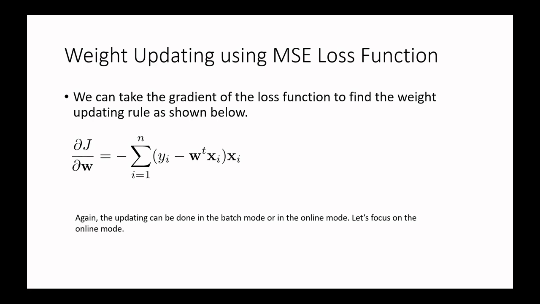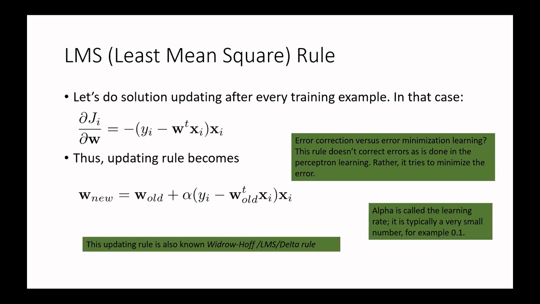If we rewrite the formula for the online mode, where we are looking at only one example at a time, the summation sign disappears and we have del Ji divided by del W. Now we are looking at the value of the criterion function with respect to the ith example.